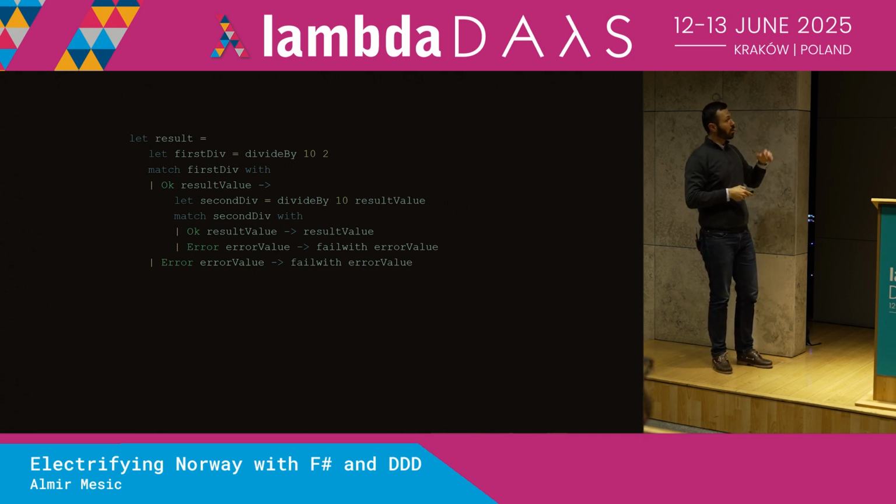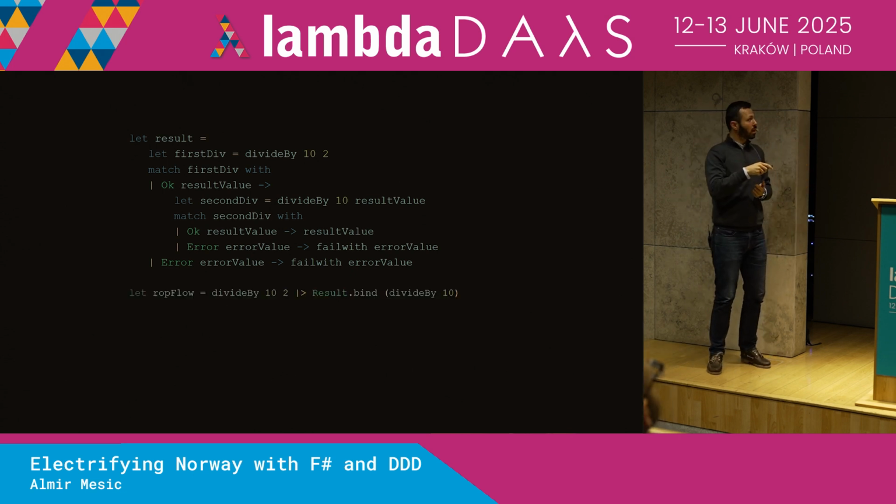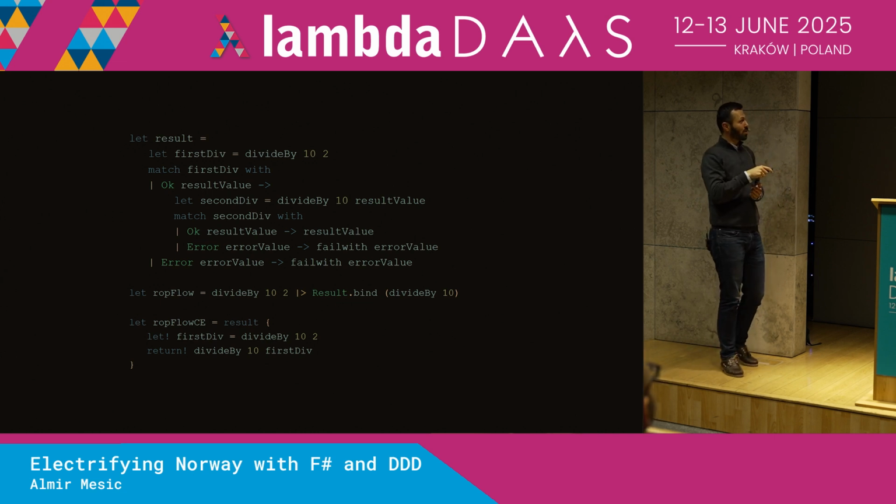The nice thing about using railway-oriented programming or monadic error handling is that this particular pattern is abstracted by using the bind function. Also, a nice feature I really like in F# is the computation expression.